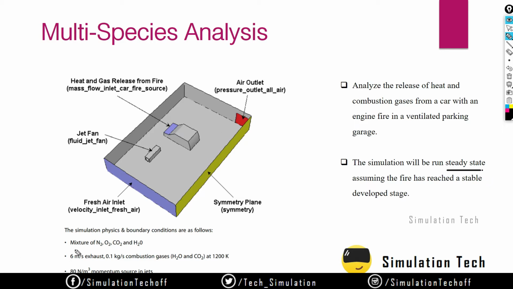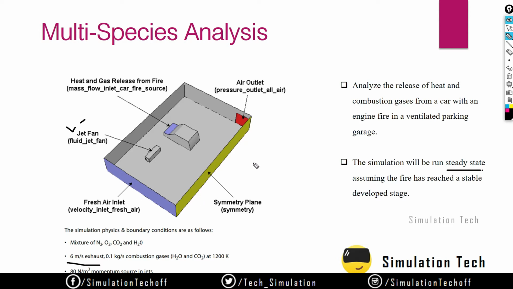Apart from that, everything is given, like the momentum, the speed of the jet fan, which is given as 80 Newton per meter cubed, and a 6 meter per second exhaust and inlet velocity. What we're going to do here is open the Ansys Fluent CFD module and import that pre-processed file, which includes the geometry as well as the boundary conditions like the jet fans and the fresh inlet.